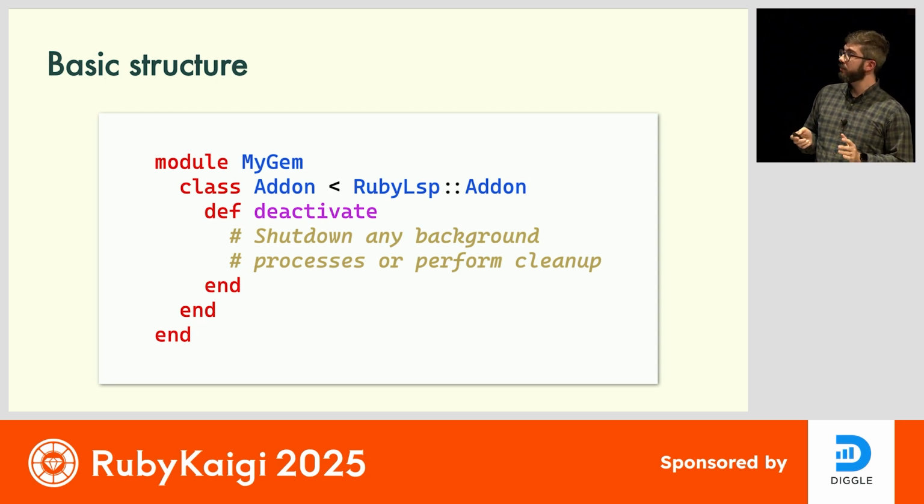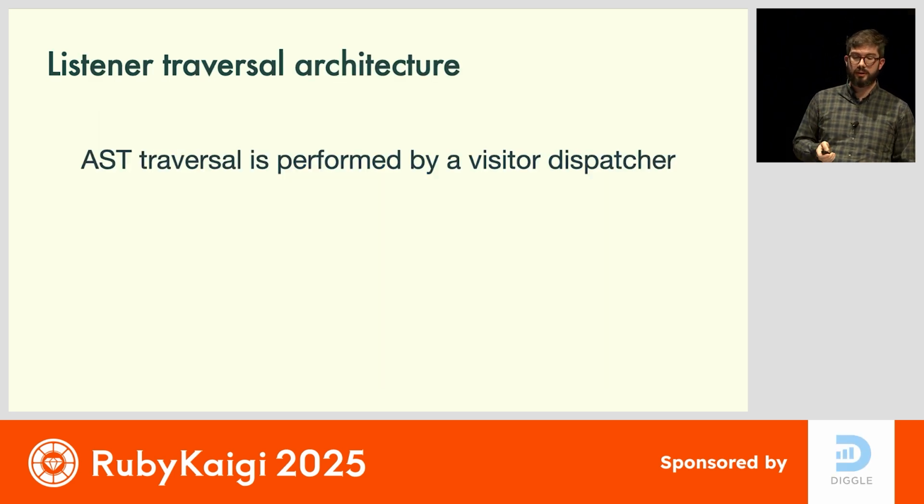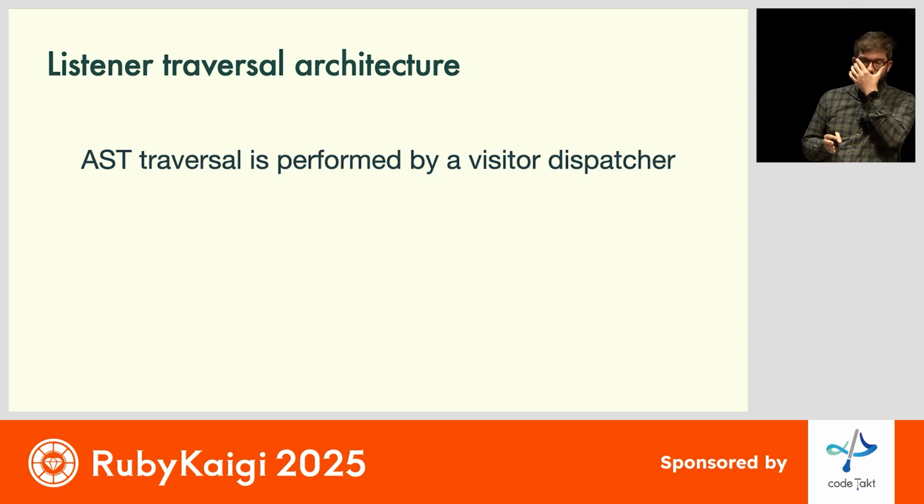Before we move on to the specific APIs for DSL handling, we just need to take a look at how the Ruby LSP implements every one of its features, the architecture. And it is essentially a combination of 2 different patterns, the visitor pattern and the observer pattern.